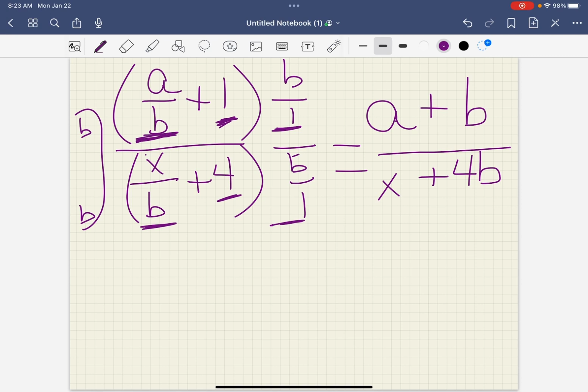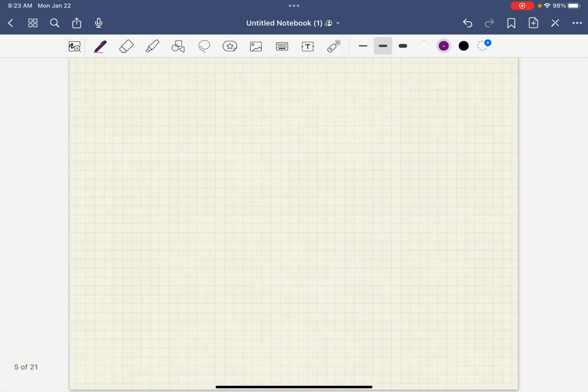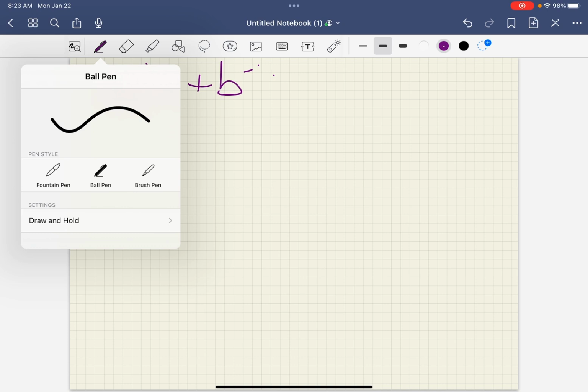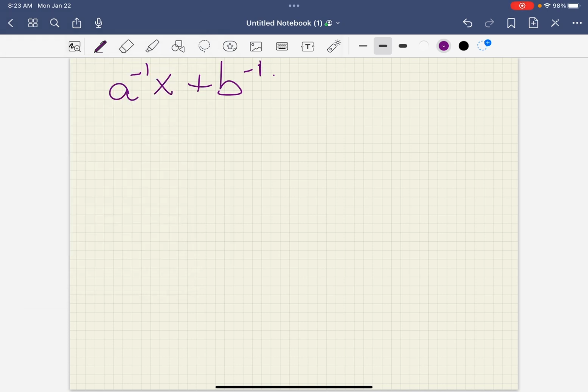We have, oh, this is it. Oh, it looks like it's a different problem, but it's really not. So when they write a to the minus 1 x plus b to the minus 1 y, just want you to know that you can't just take that a and b down because of this addition symbol in the middle.